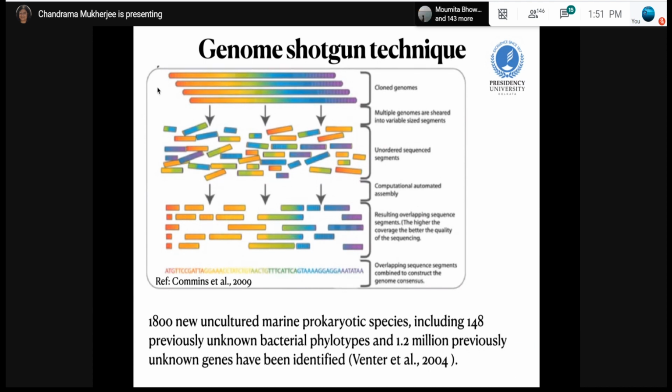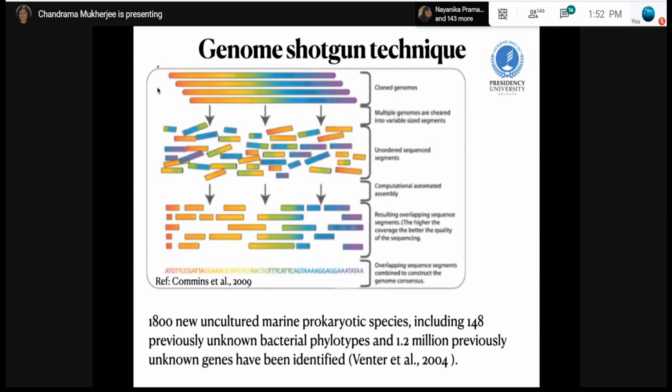Using this technique, 1,800 new uncultured marine prokaryotic species have been identified, which includes 148 previously unknown bacterial phylotypes, estimated from only 1,500 liters of oligotrophic seawater.